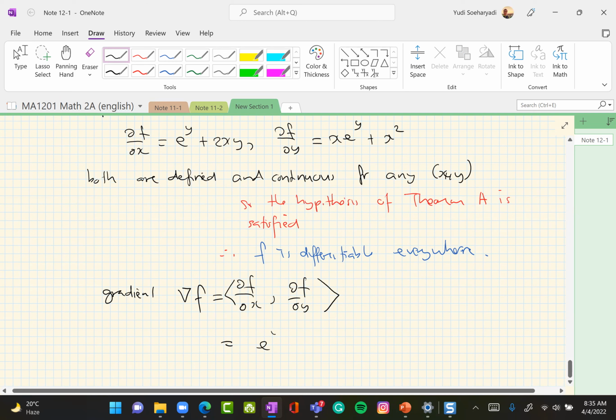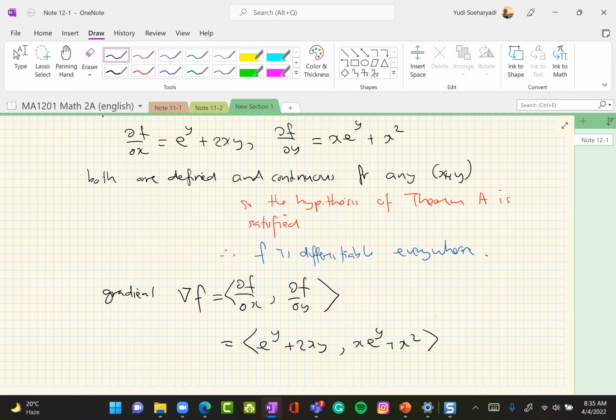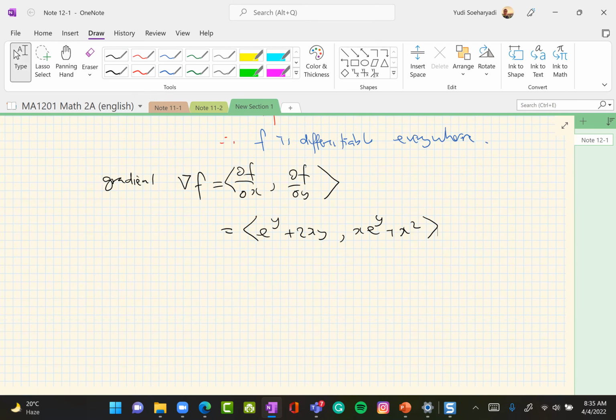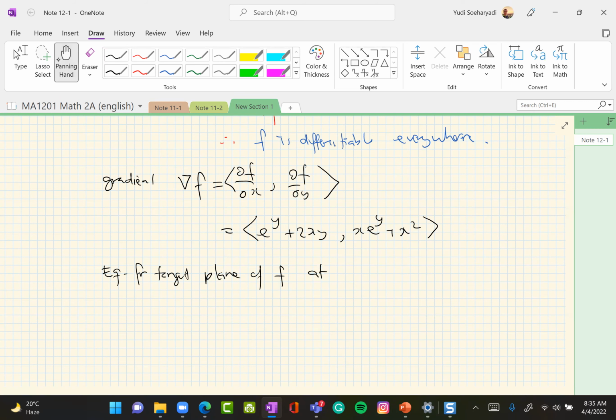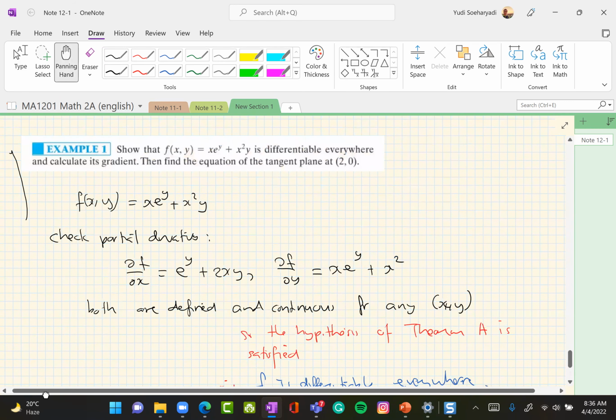Just rewriting this: e to the y plus 2xy, x e to the y plus x squared. Okay. So the equation for the tangent plane of f at the point 2, 0.